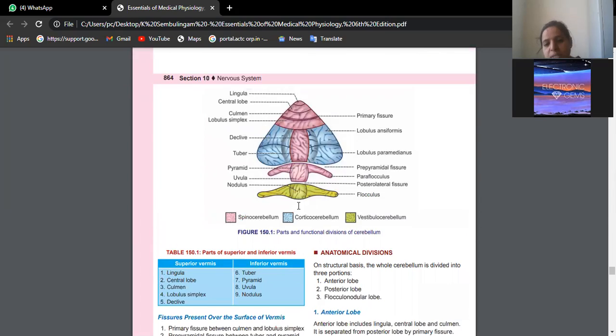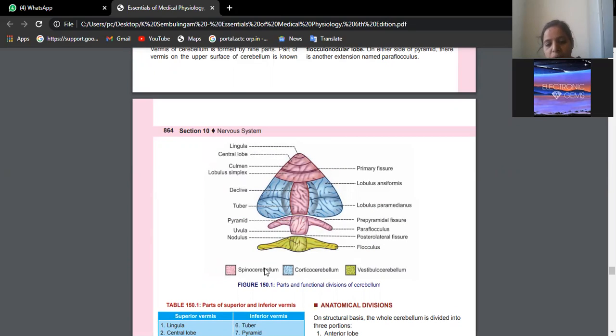Those anatomical subdivisions are now functionally classified into these three subdivisions. Spinocerebellum, whatever has been shown in pink color, comes under spinocerebellum: the lingula, the central lobule, culmen, simple lobule, then declive, tuber, and pyramid, uvula.